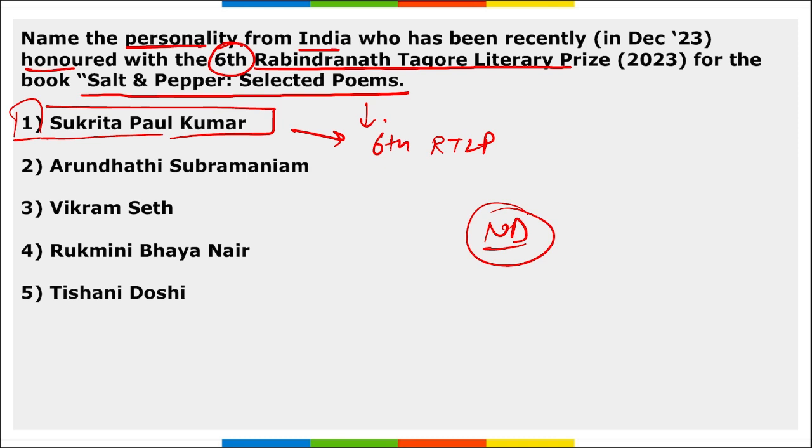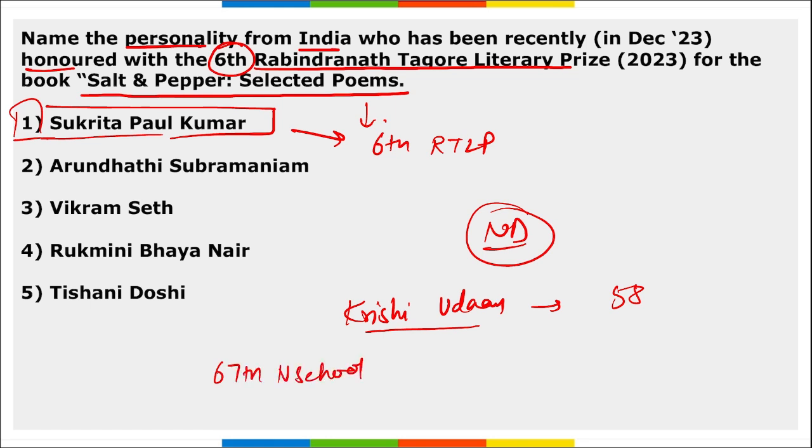Apart from this, friends, tell me, under Krishi Udan, this is a scheme of the government, how many airports will be covered? A total of 58 airports will be covered. Then the 67th National School Games. Where were they held? They were held in New Delhi.